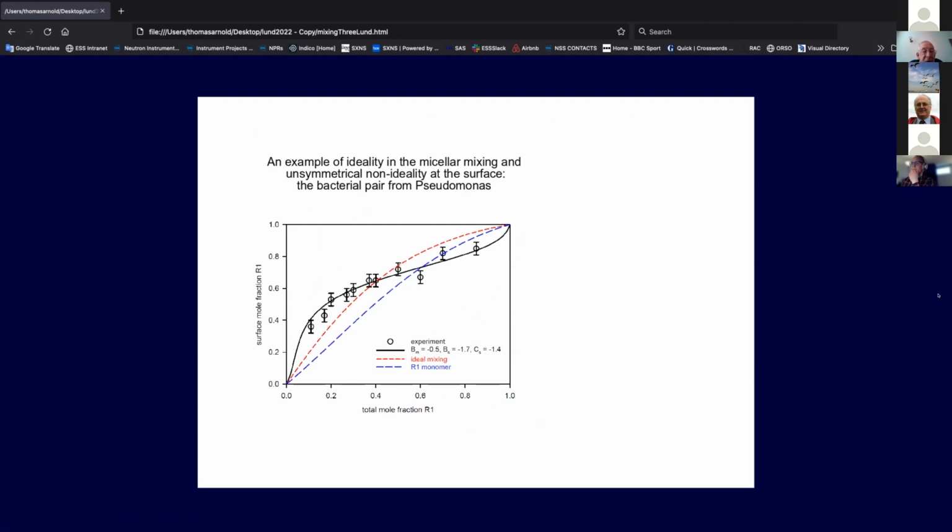Okay, now this is a more adventurous one. These are a pair of surfactants from a bacteria which is usually thrown or unloaded in tons onto oil slicks. This pair of surfactants are extremely surface active, and what they allow the bacteria to do is to solubilize the oil and basically eat it.